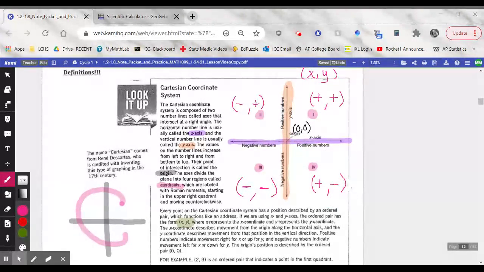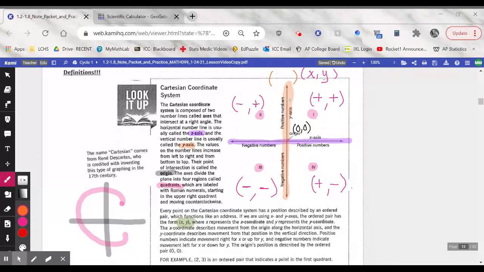Okay, the other thing that I want us to also take away from this is a specific feature of the x and the y axis. If you have a point on the y-axis, that means that it did not go left or right at all from the origin.